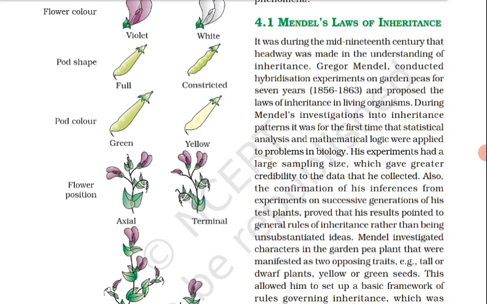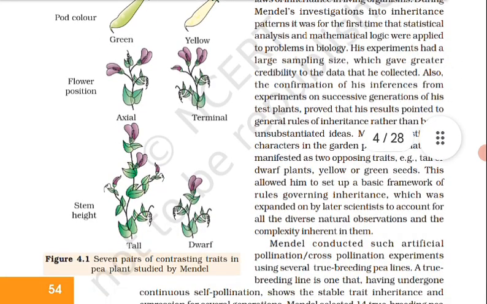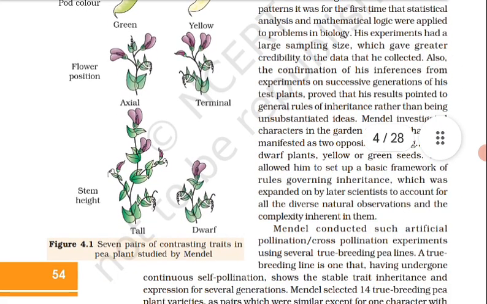Also, the confirmation of his inferences from experiments on successive generations of his test plants proved that his results pointed to general rules of inheritance rather than being unsubstantiated ideas.